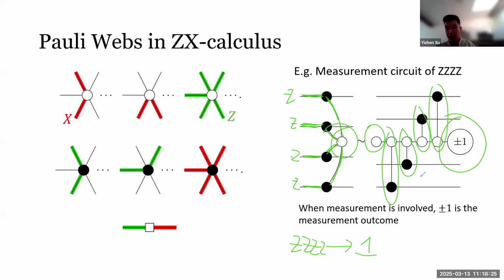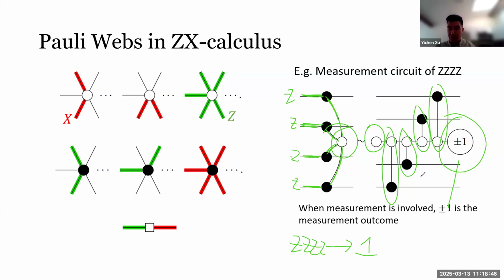So in the circuit layout, you have to specify the measurement outcomes of this qubit. Remember on the right, we can clearly see that there is another ancilla introduced inside, in addition to these 4 qubits, and the plus and minus one is the measurement outcome of this ancillary qubit.